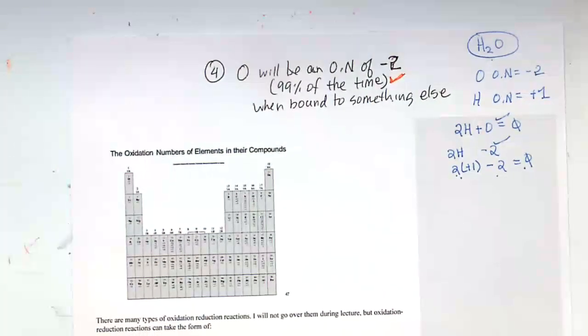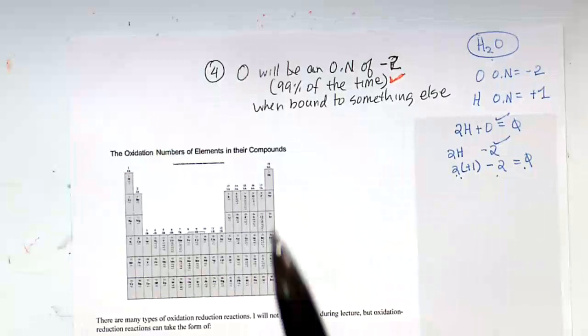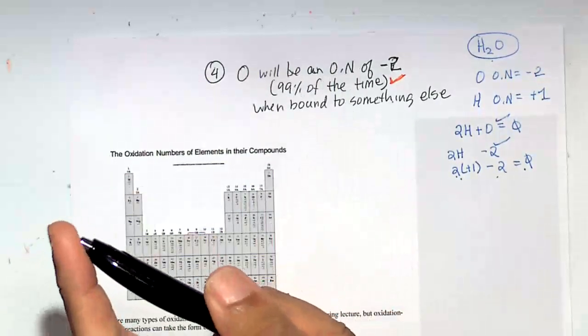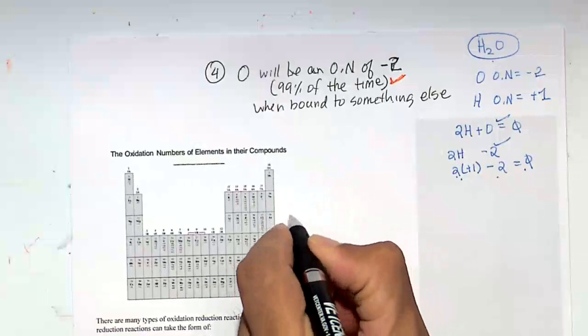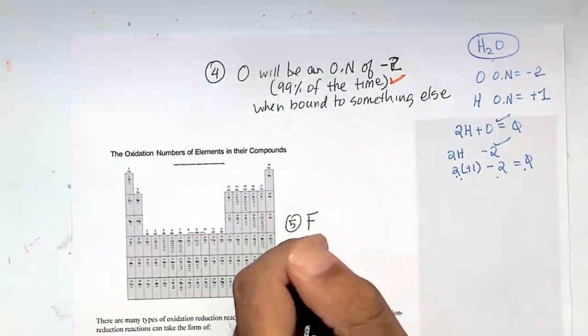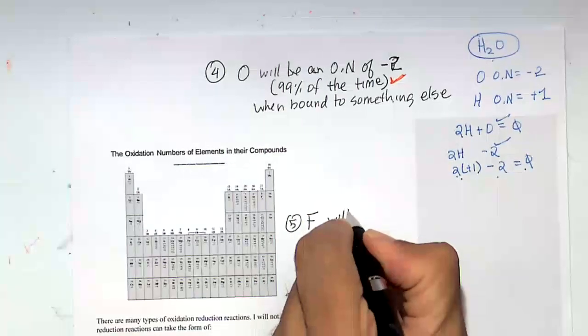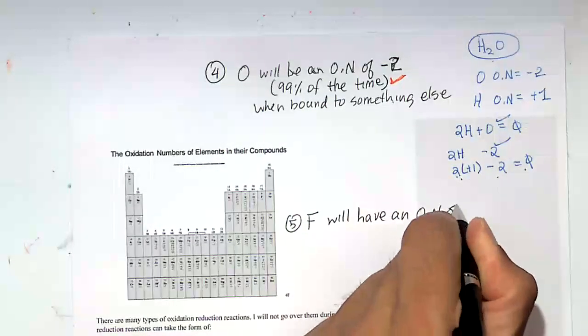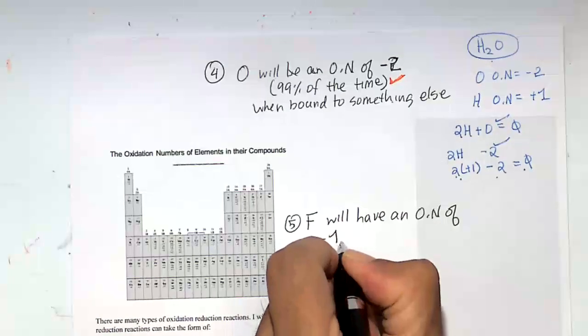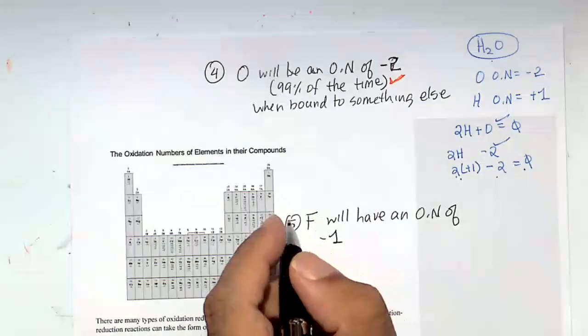All right, the last two rules. Rule 5: fluorine will always be -1. The oxidation number of fluorine, the element F, will have an oxidation number of -1.